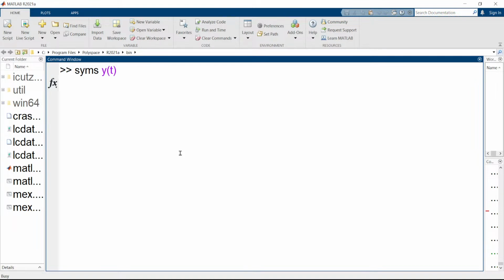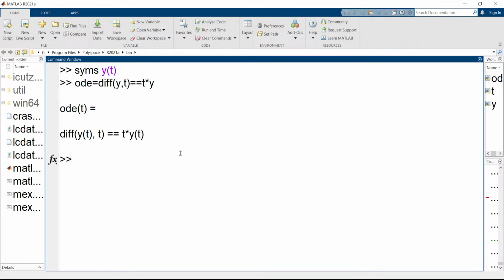Then we have ode equal to, so the differential equation will be stored at this place. ode equals diff, y comma t, then the double equal sign which is used for equality, then t times y. This is the differential equation, and when you enter it, MATLAB returns the above differential equation, so the information we input is correct.